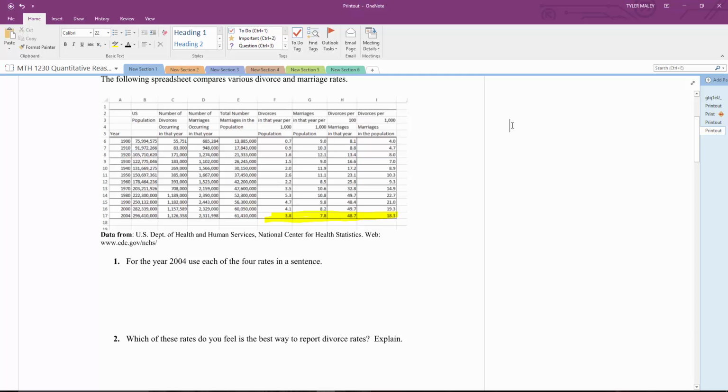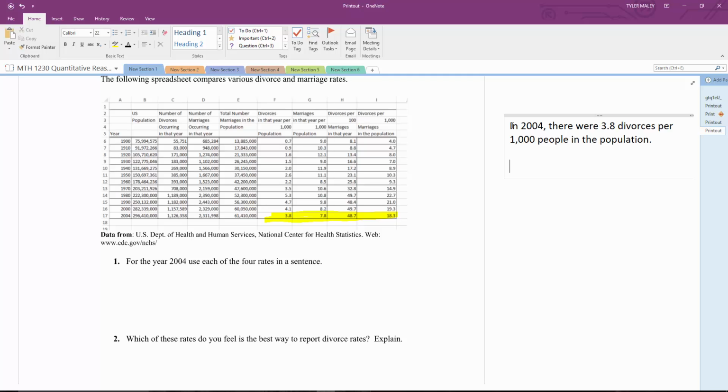So for the first one, for the 3.8, you could say, in 2004, there were 3.8 divorces per 1,000 people in the population.